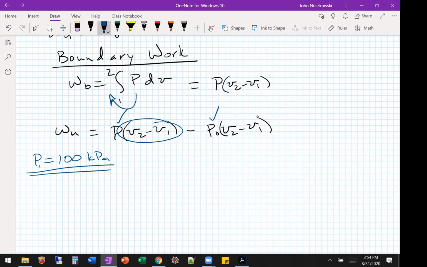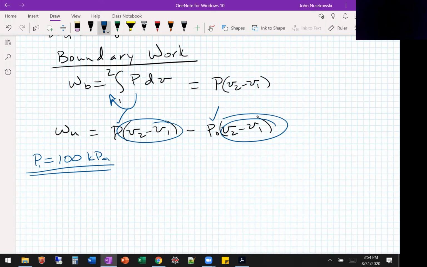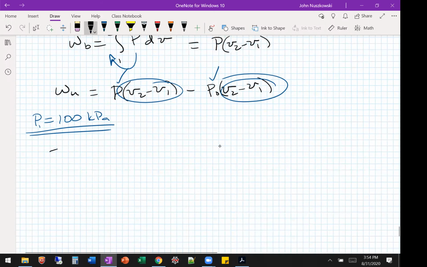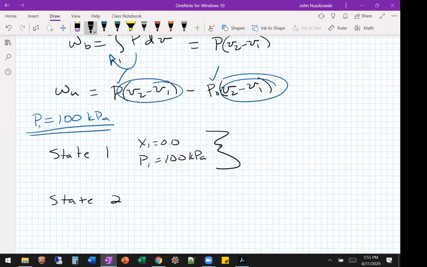Okay, so then we have our pressure. How do we get the change in volume? Tables, yeah. So state 1 is 0 quality and pressure is 100 kPa. State 2 is 1 on the quality and the pressure is the same.